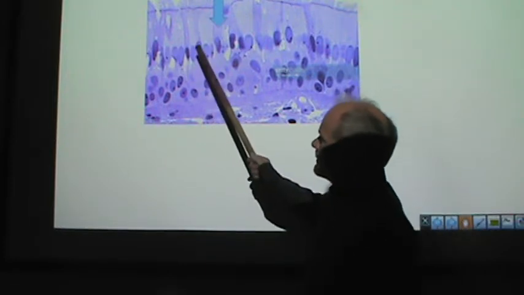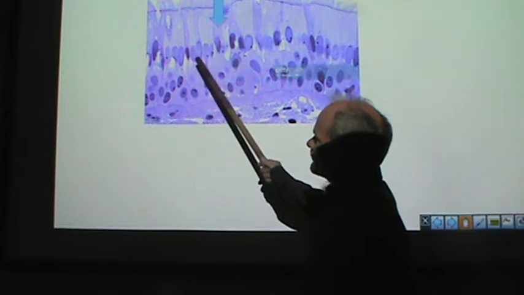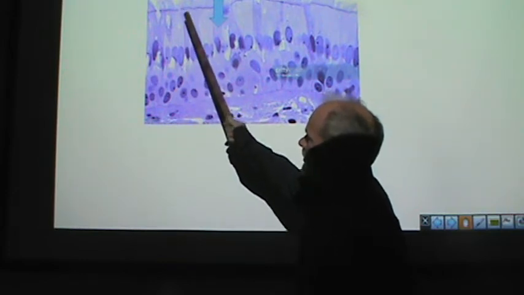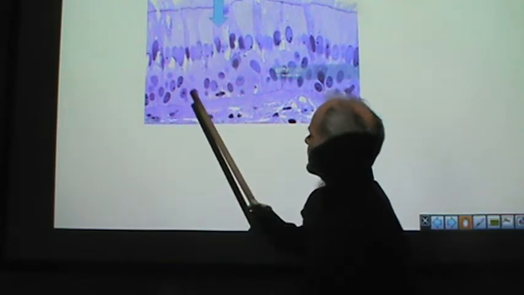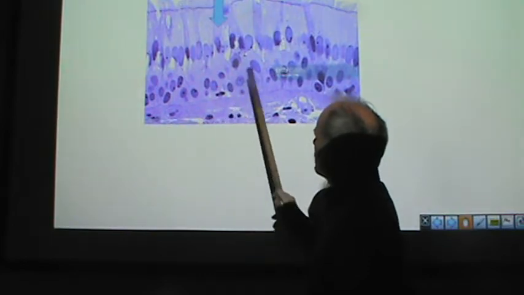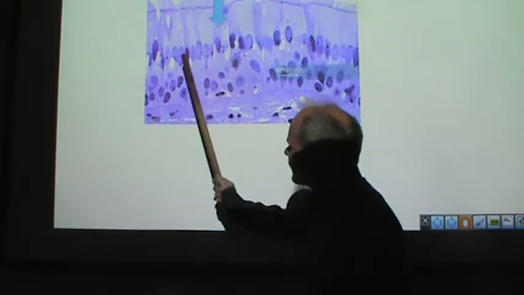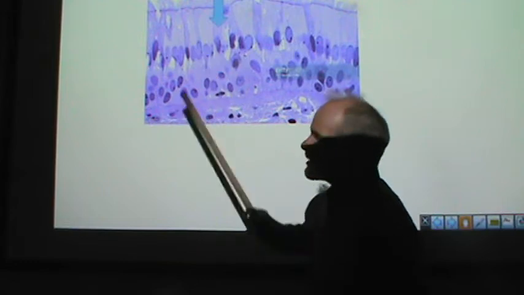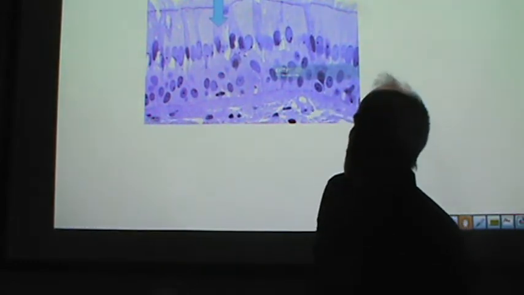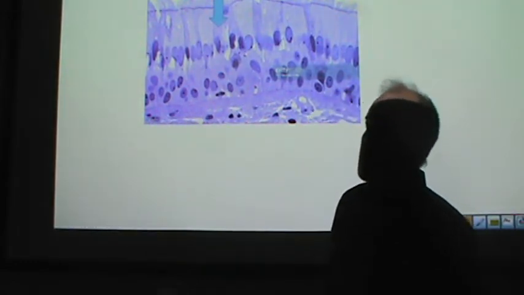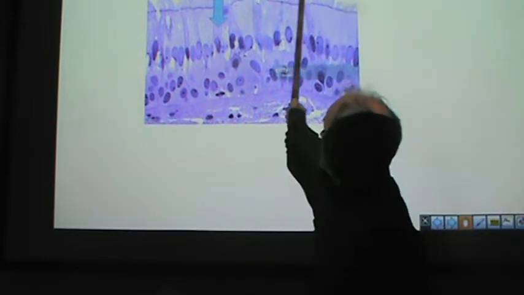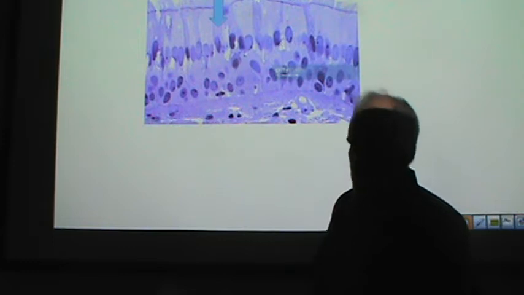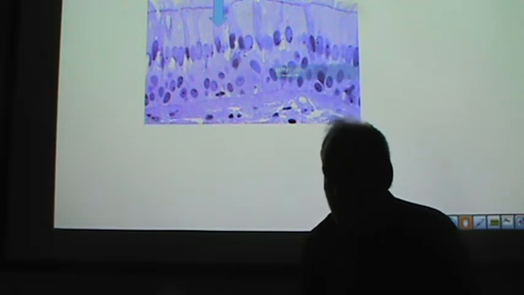It's not that the cells are on top of each other. The cells have really strange shapes as they come through, and other cells kind of go in between them and around them. So it's pseudostratified. It's really just simple, but it looks stratified. But remember my little tip, the little cilia, that always gets you the right answer if you think about it.